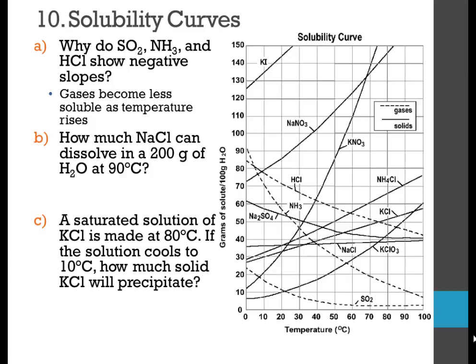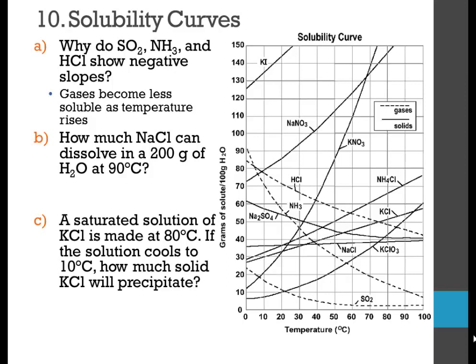The solubility goes down as temperature goes up. For most solids, as temperature goes up, solubility goes up. There are a couple of exceptions, so you're just looking for anything that's a solid line that is decreasing. Sodium sulfate is a little bit weird. It's a solid, but it becomes less soluble as temperature goes up. But again, that's all just related to being able to read the graph.